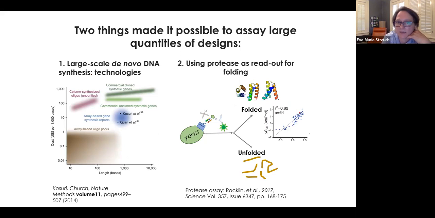And then the other part is yeast display, and if you do titrations using a few proteases, you actually can get an estimate of the overall energy or stability, if you want to translate that, of a protein, because the quicker something digests, the less stable it is, or the less folded it is. So if it's not very folded, it's quickly digested. And it turns out that actually correlates with its free energy. So those are the two tools we can now use.